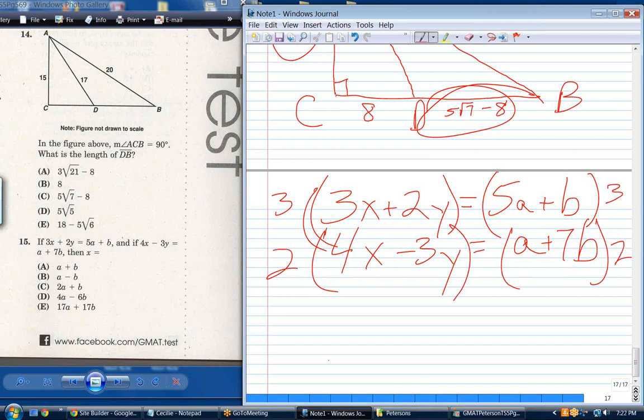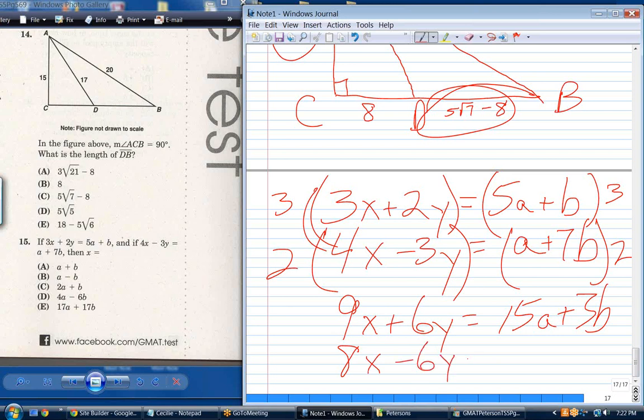Now we got 9x plus 6y equals 15a plus 3b. On the bottom, we have 8x minus 6y. Now we're going to be able to add them, and the y's will disappear.